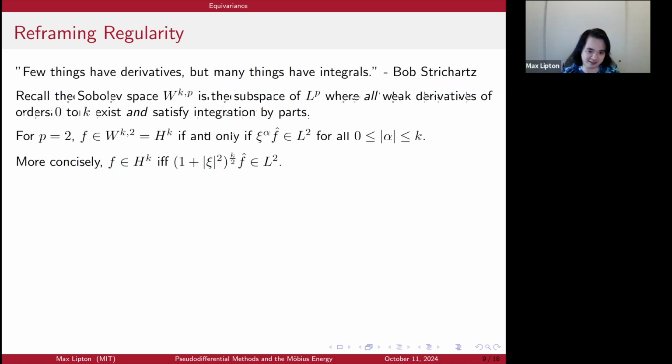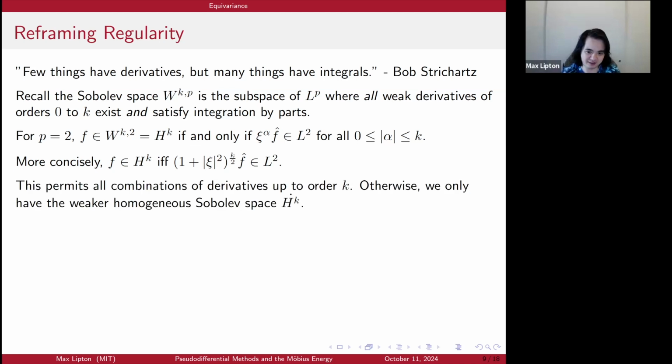And so it's not enough just to say c to the power of k times f hat is an L2. You need c to the power of all smaller degrees of k. And so this framing allows us to express that in one single equation. Otherwise, we only get the weaker homogeneous Sobolev spaces, which are denoted with h dot. But that's a story for another day.